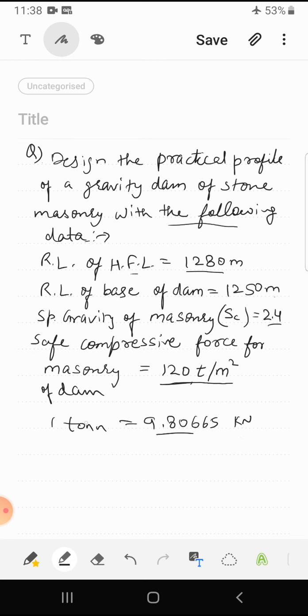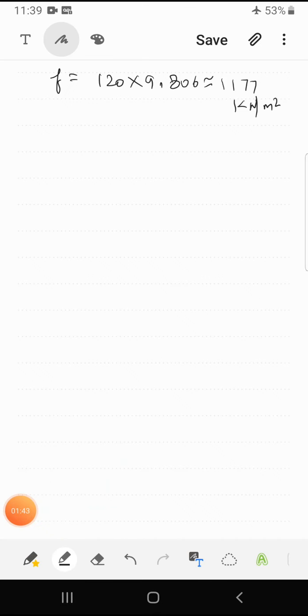So the safe compressive stress F is equal to 120 into 9.806, which is approximately 1177 kilonewton per meter square. Now we will draw a diagram mentioning all these data.